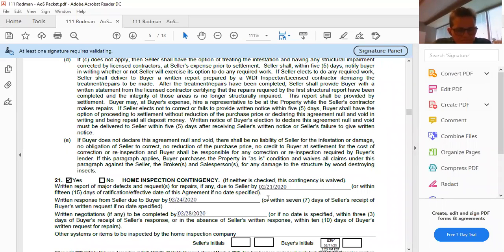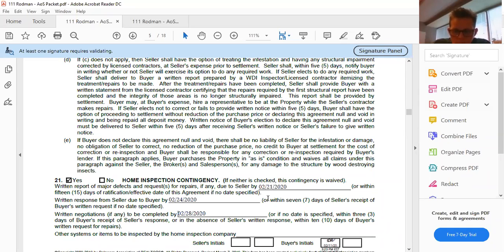So I personally like to do hard dates like this, but you need to make sure that if you are negotiating, you make those updates. Say you're negotiating for 5 days, like say we got this contract on 2/11 and he has until 2/21, which is already a fairly short home inspection period of 10 days.